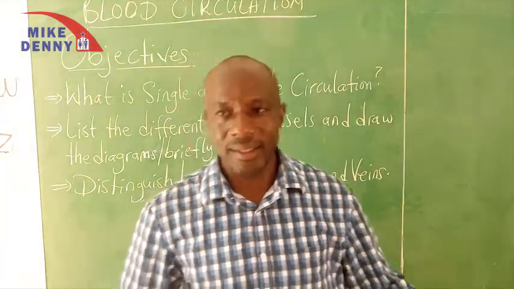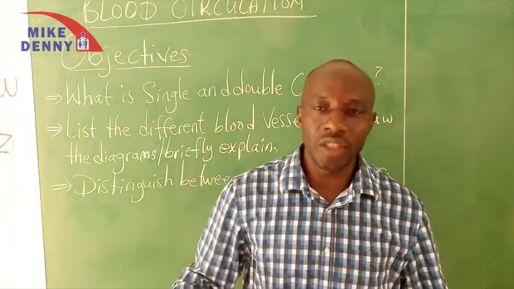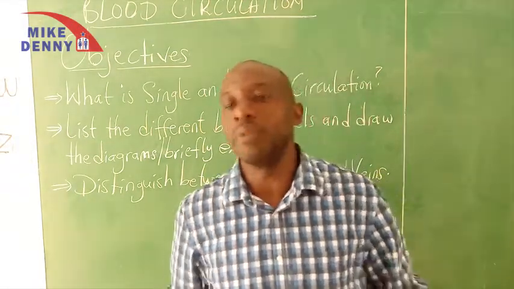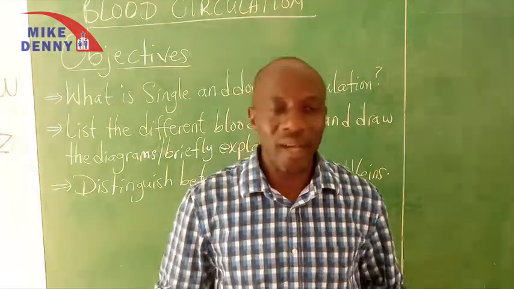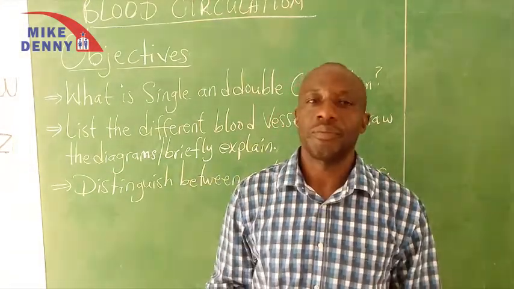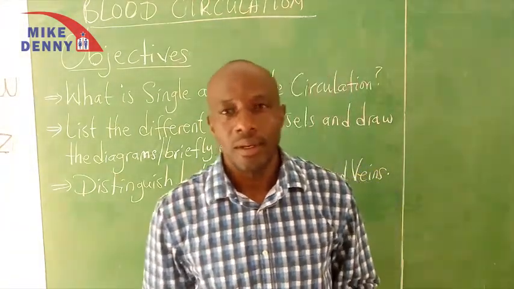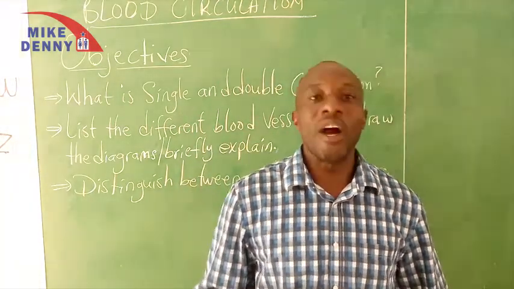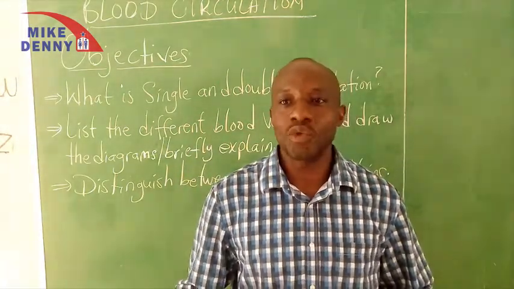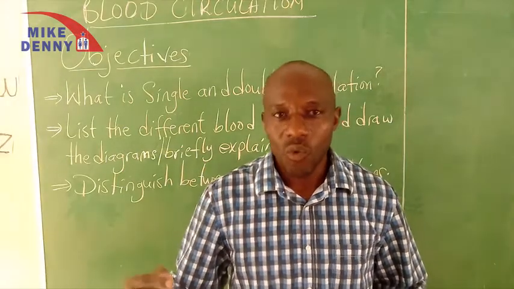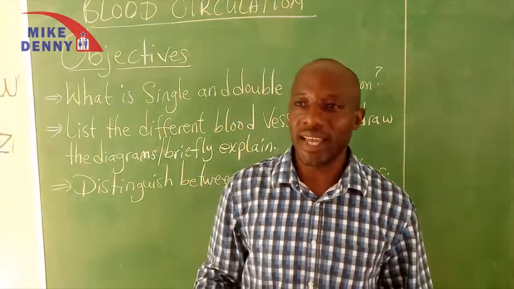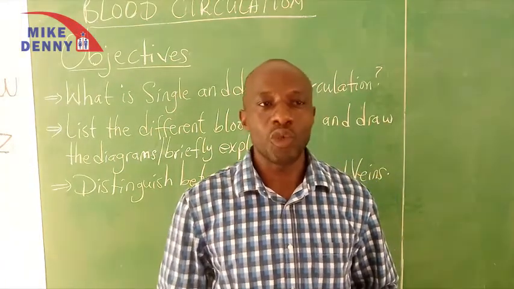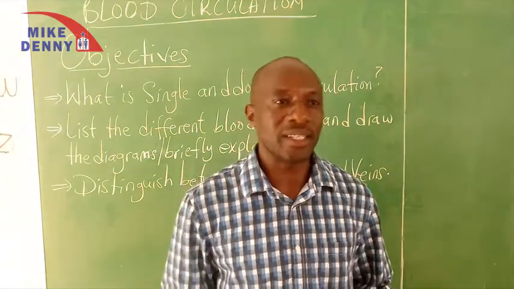And this blood circulation can be single or double. What is single circulation? This is one in which blood passes through the heart once to complete a cycle.